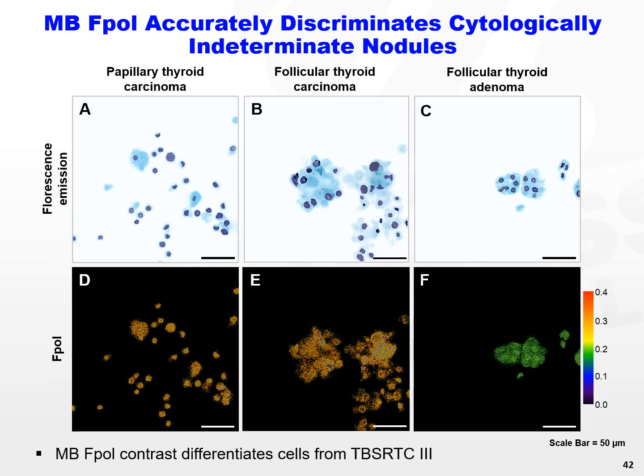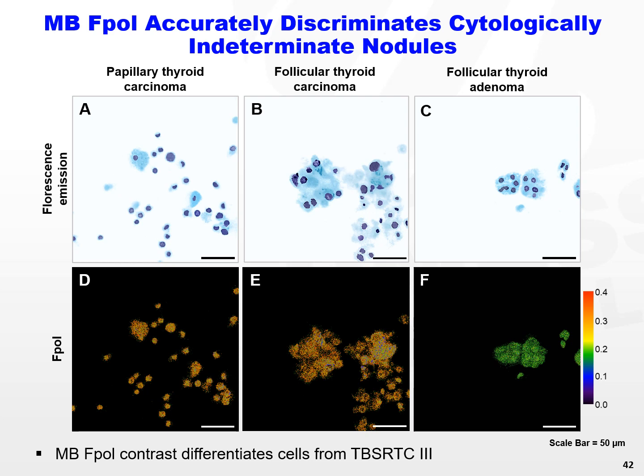This slide shows additional multimodal optical images of thyroid cells. Importantly, these 3 specimens were indeterminate on cytopathology, meaning the pathologist could not reliably classify any of the samples as malignant versus not malignant.